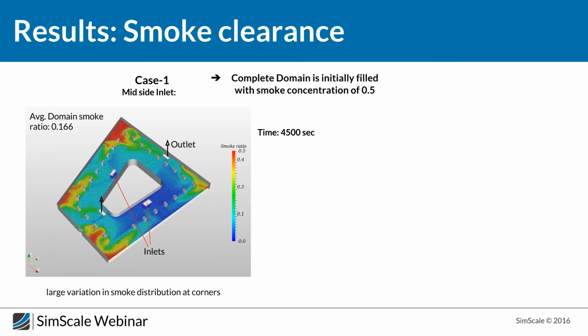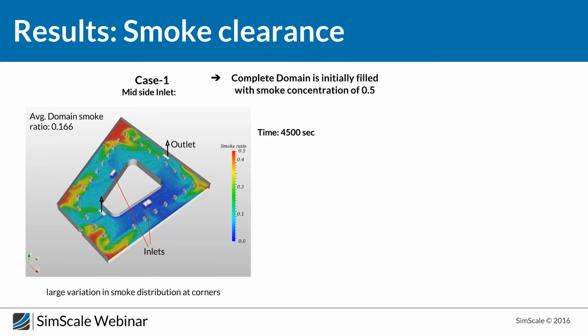At corners, since the mixing is very low, we still have higher concentrations of smoke. But at areas that we have a good airflow, maybe from inlets and outlets, we have very low concentrations of smoke, virtually 0. The average concentration of smoke here is 0.1.